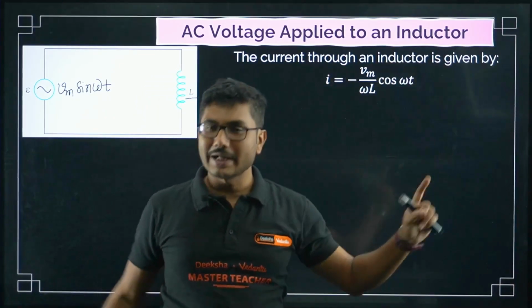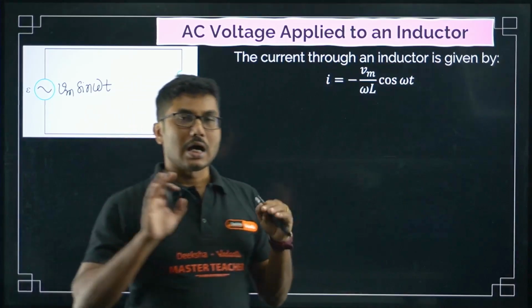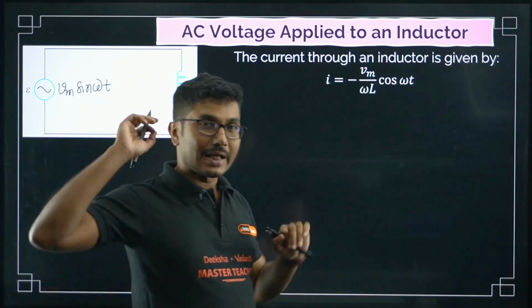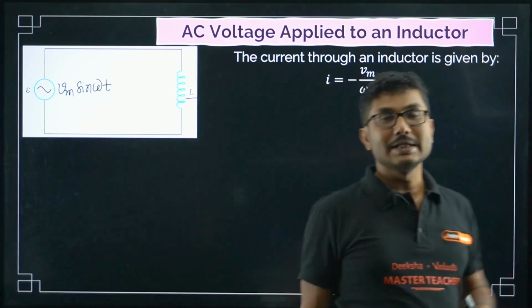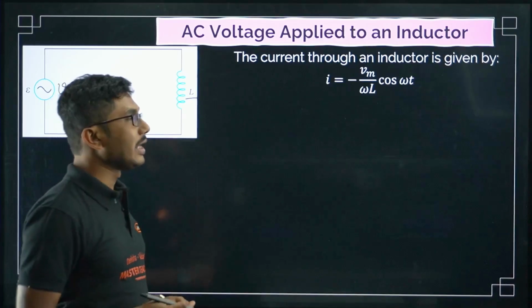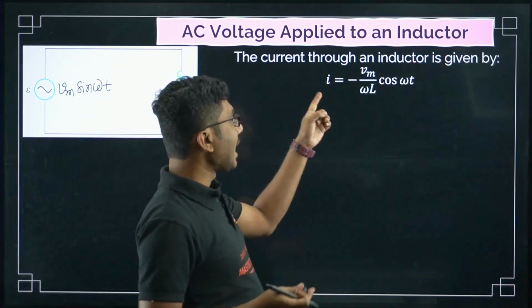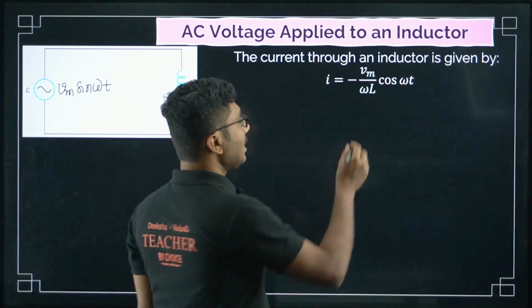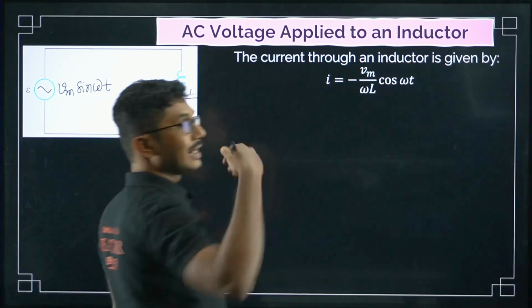There is a derivation for that, but derivation is not required. Formula is important. If you want to check the derivation, I have done it in my 60 by 60 series, and it is there in your textbook as well, but derivation is not required for your KCET preparation. So this is the formula for current through an inductor.